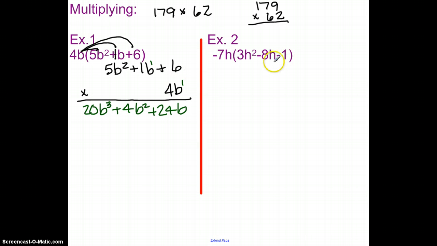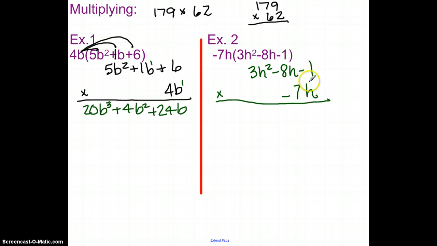Now, if I go to this problem, I'm going to do the same kind of thing. I'm going to take this, and that's going to be the value that goes on top. So 3h squared minus 8h minus 1. Negative 7h is going to go below. Do my multiplication way out here and draw my line. Now in this problem, negative 7h is going to get multiplied by every single thing that's here.